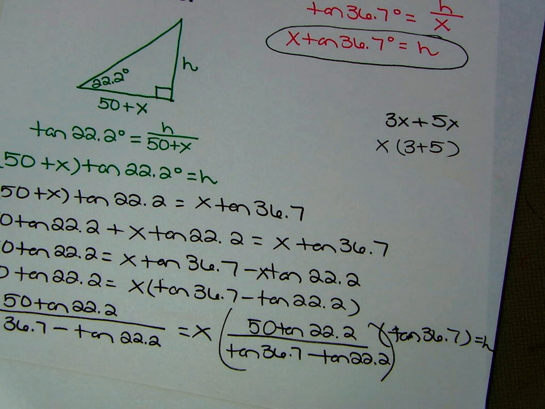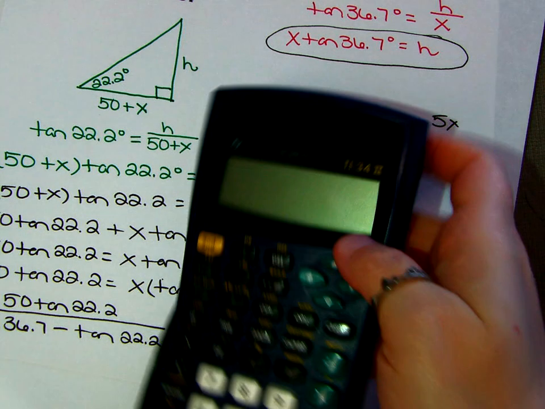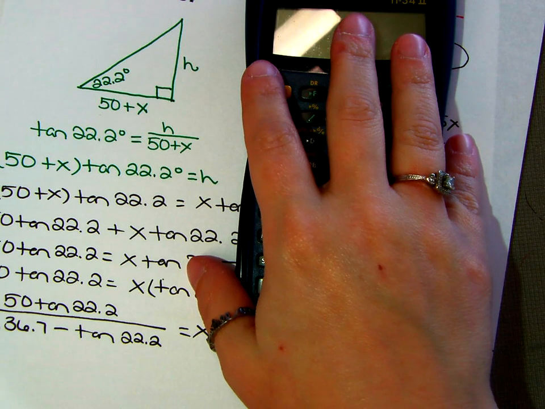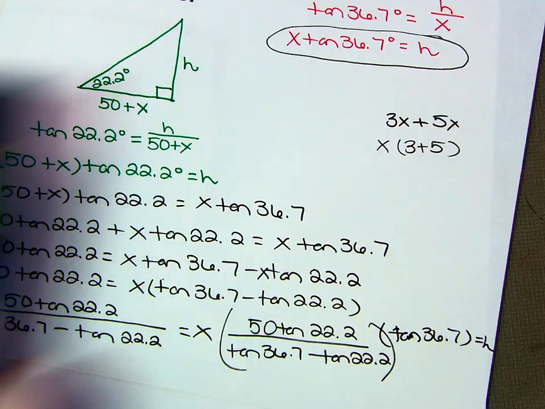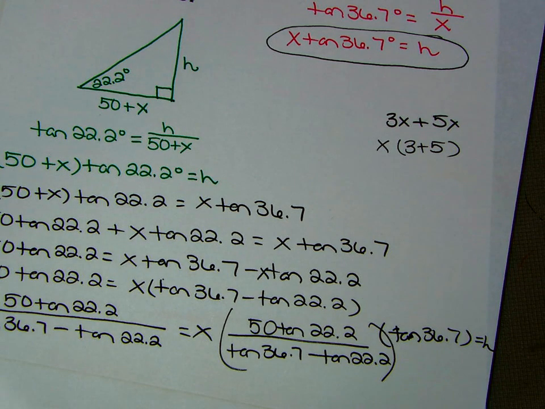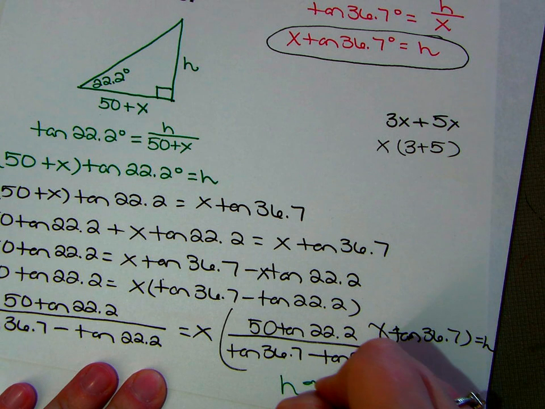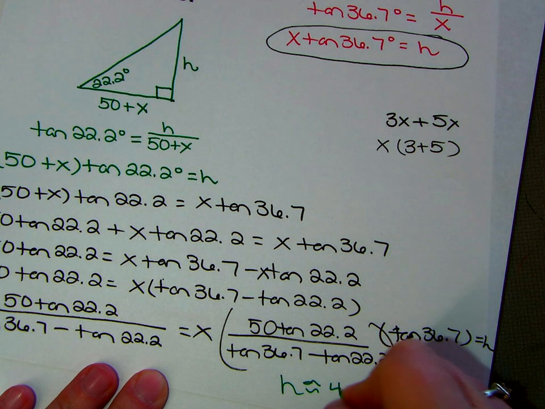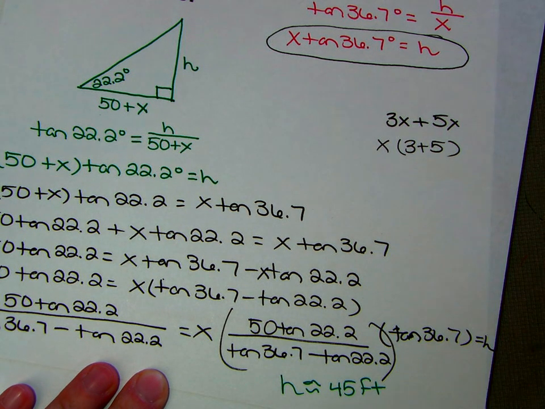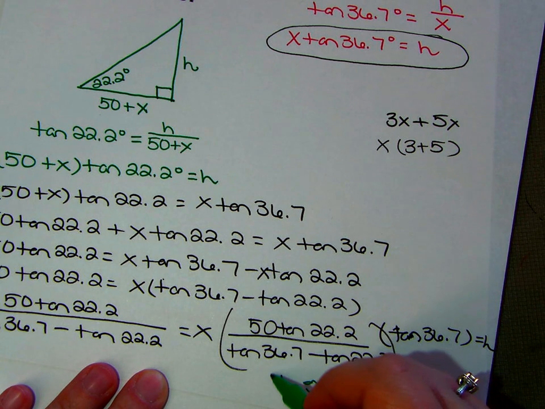And actually I could type it all in straight out of the gate with just this one. Your other ones can handle it as well. If you type all of that in, you find that the height of the tree is approximately 45 feet. And it said, find the height of the tree to the nearest foot in our problem, so we are going to round it.